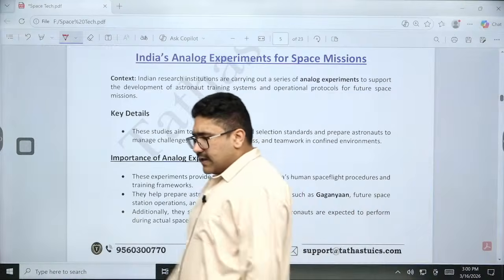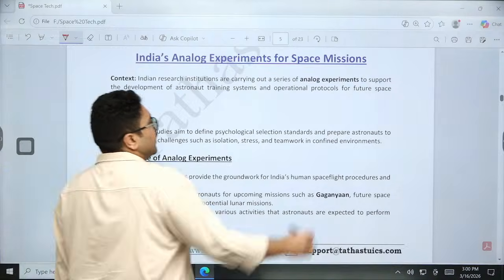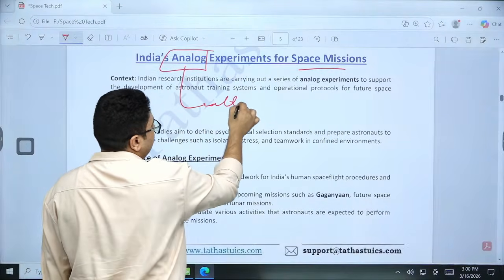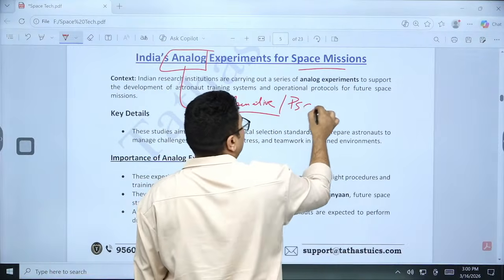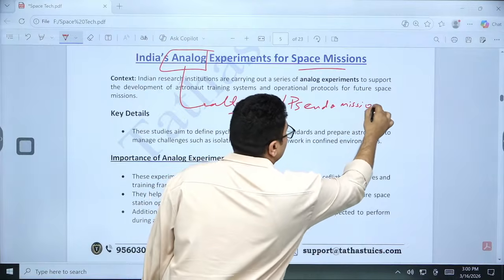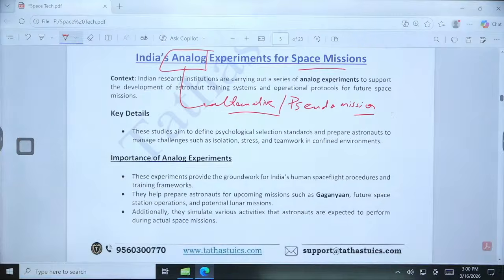Next article that we are going to discuss is about analog mission. India's analog experiments for space missions. Analog, the word analog means an alternative or pseudo. So instead of having a real time mission, scientists carry out an analog mission.